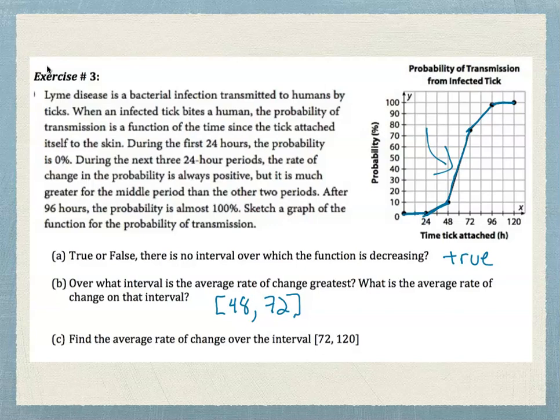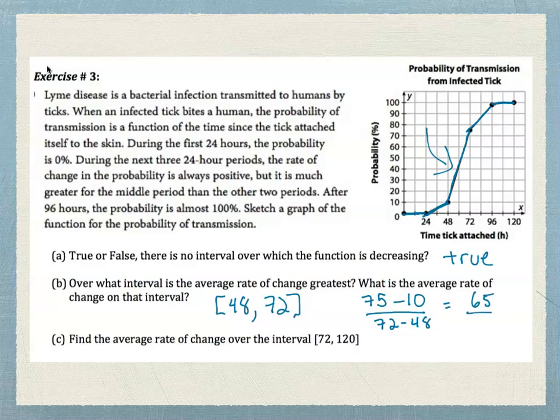Okay, so the average rate of change on that interval is the function value at 72, which we're going to say is about 75 based on an estimate here, minus the function value at 48, which we'll say is 10, over 72 minus 48. All right, 75 minus 10 is 65.